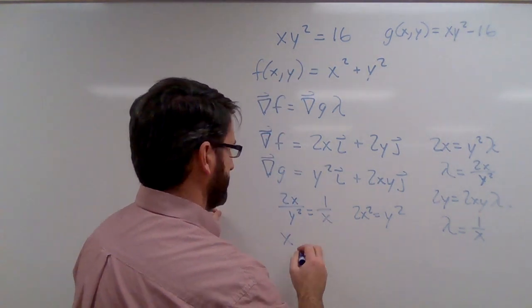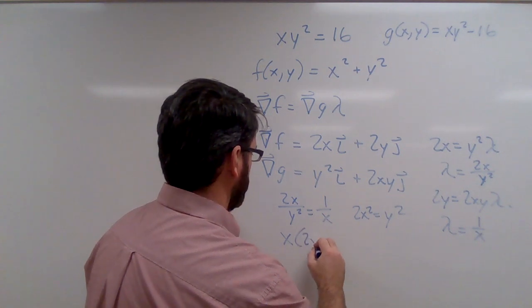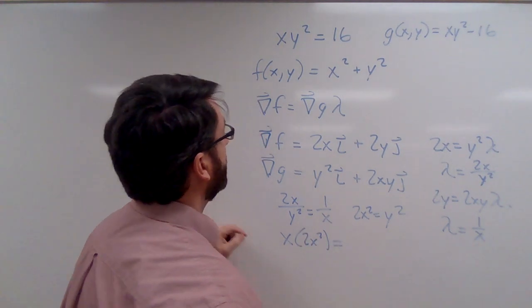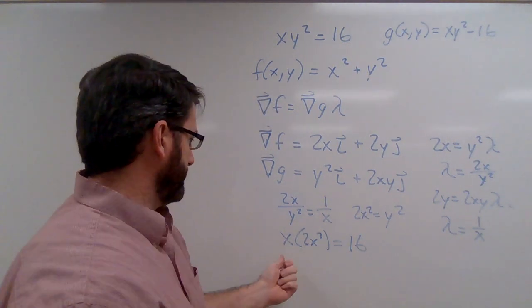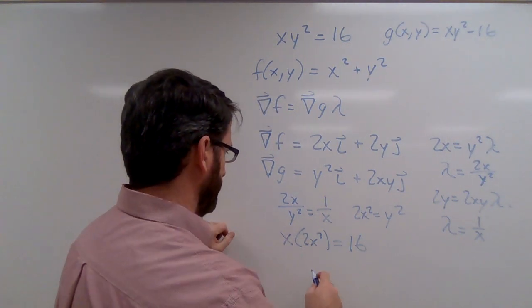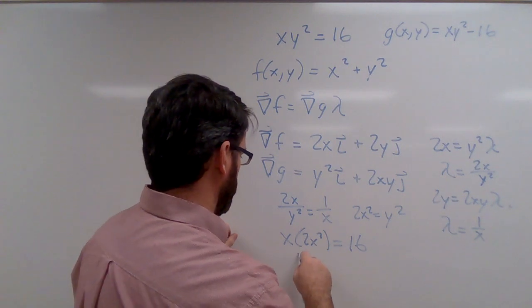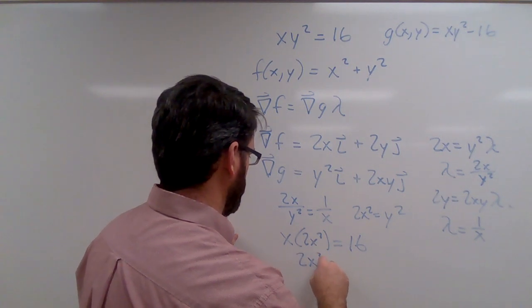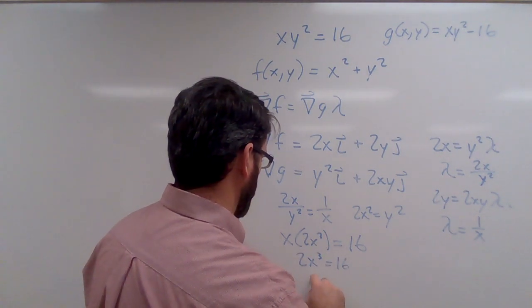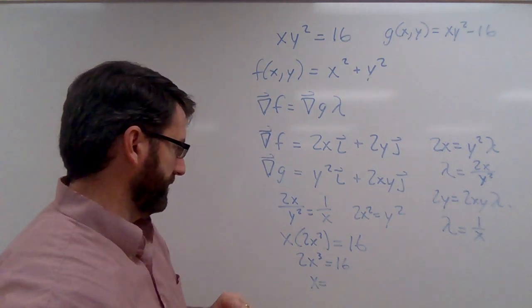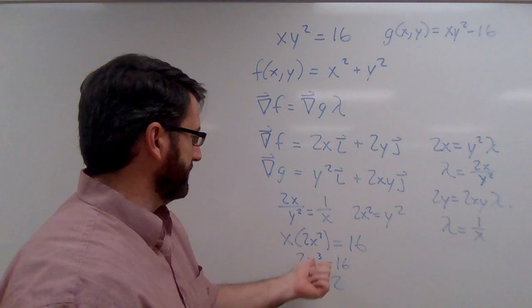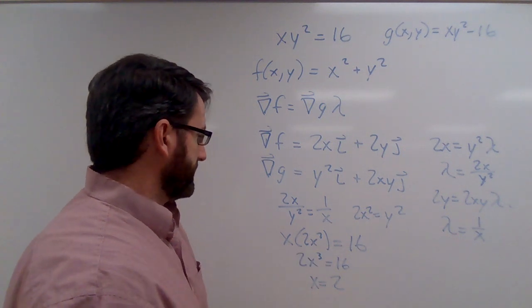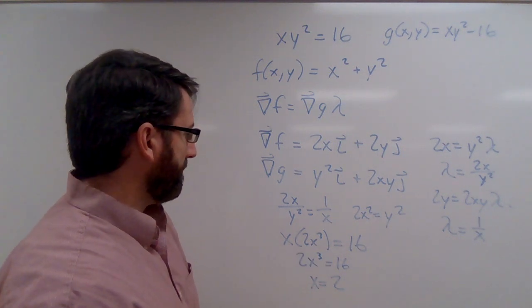So x times 2x squared has got to equal 16, which is going to mean that 2x cubed is equal to 16. If we divide both sides by 2, we get x cubed equals 8. So x is 2.